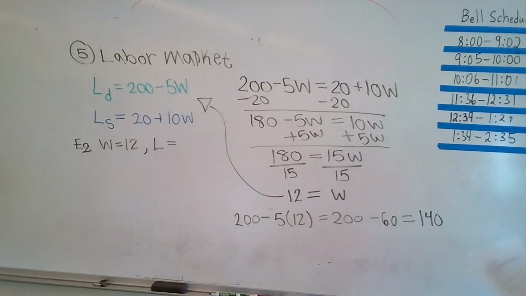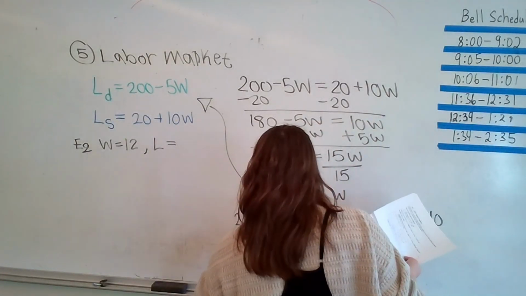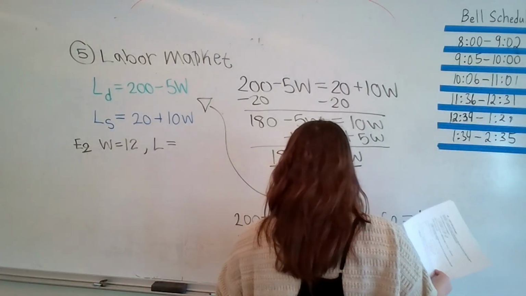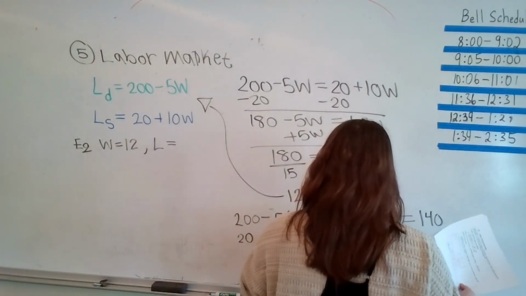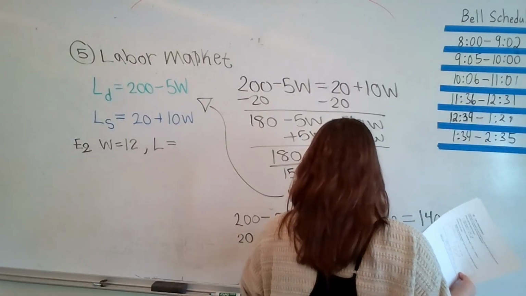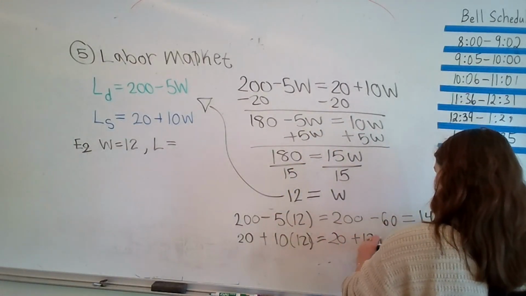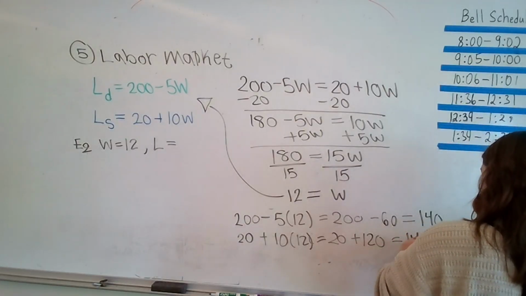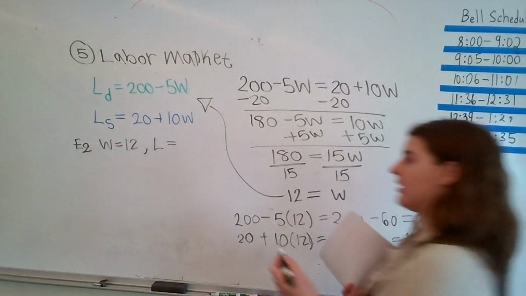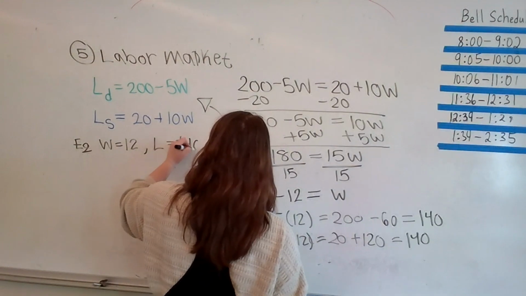Same thing should happen for labor supply. Labor supply is 20 plus 10 times 12, which equals 20 plus 120 equals 140. All right, our labor then is 140.